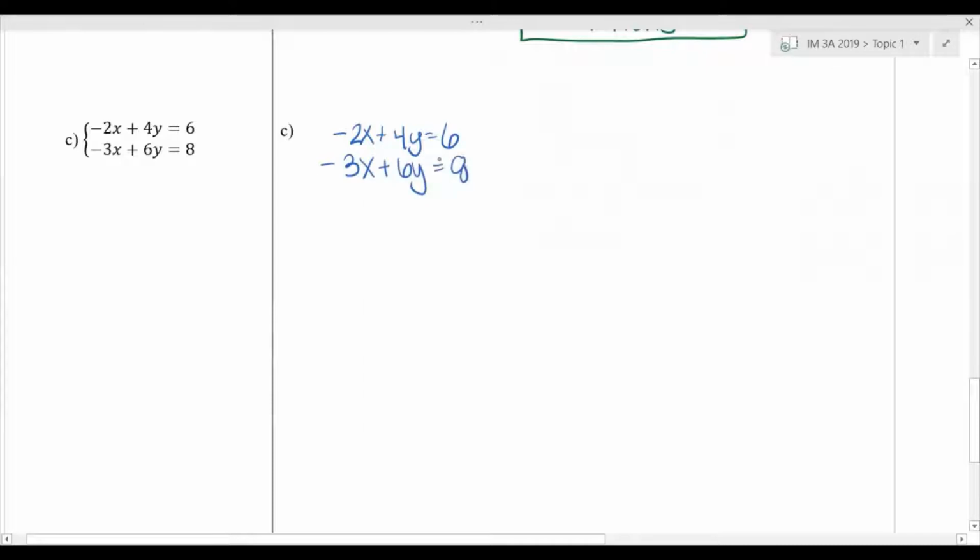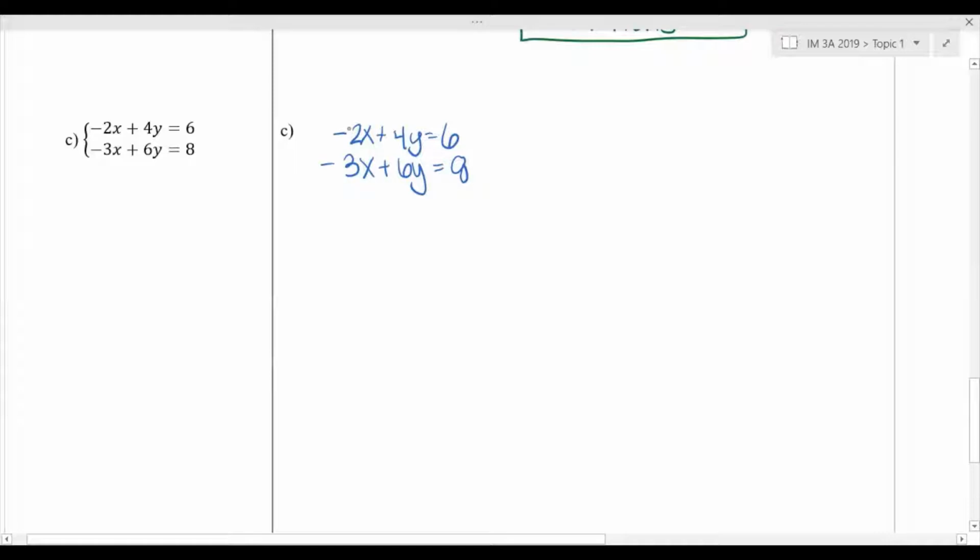So as we look at our first two terms, 2 and 3 are different. They're both the same sign too, so we're going to need to multiply by a negative for that. If we look at our y's, the same thing happens, right? 4 and 6, those are different numbers. I would have to multiply both of them to get a common value. So let's just look at the x's again because the numbers are smaller.